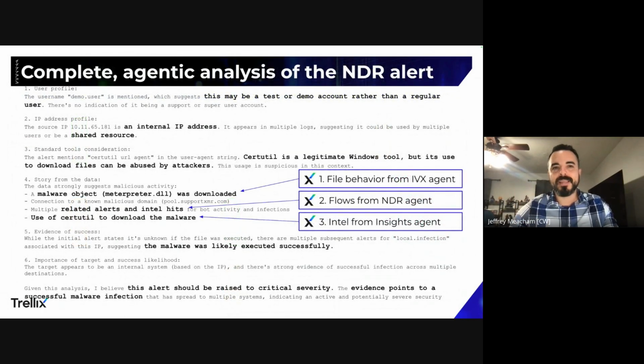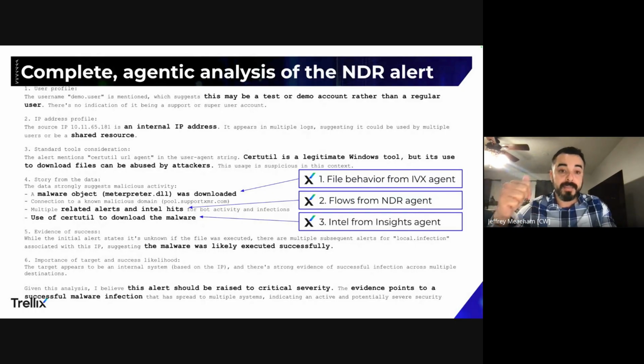Now, this is what it looks like when Trellix pulls together a complete agentic investigation. The alert started with suspicious behavior, but instead of leaving that for someone to chase down manually, Trellix activated a set of AI agents to actually build the full picture for us.